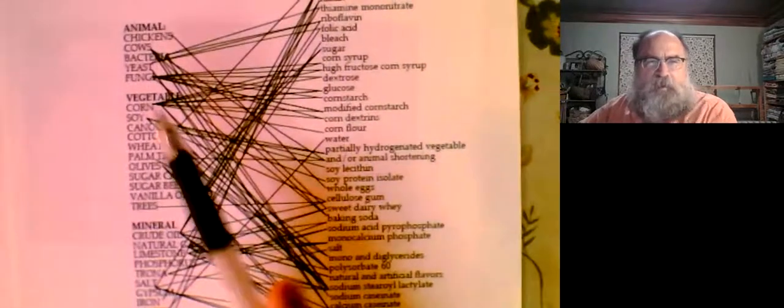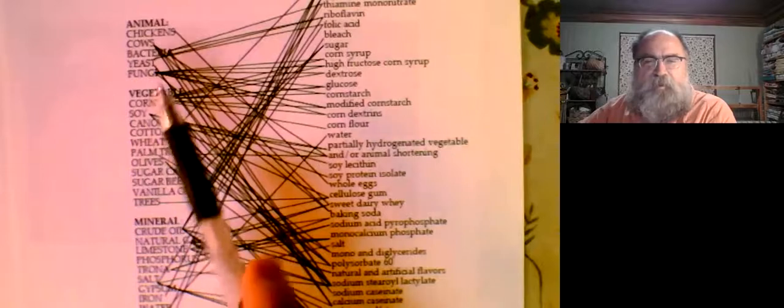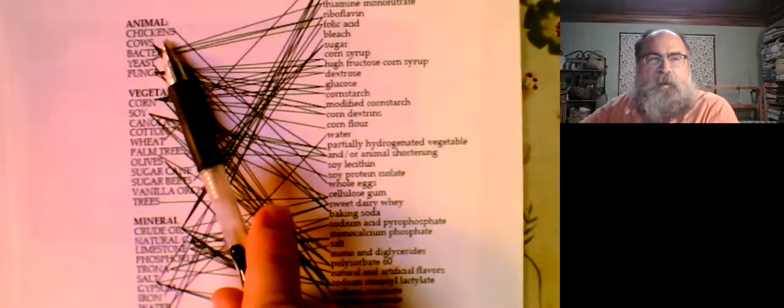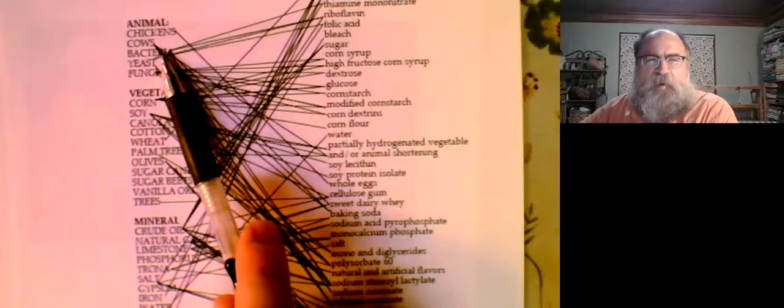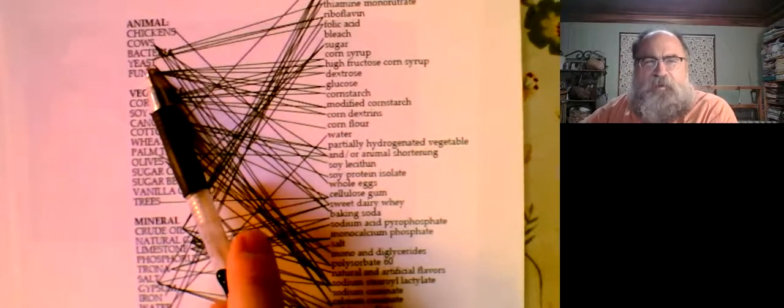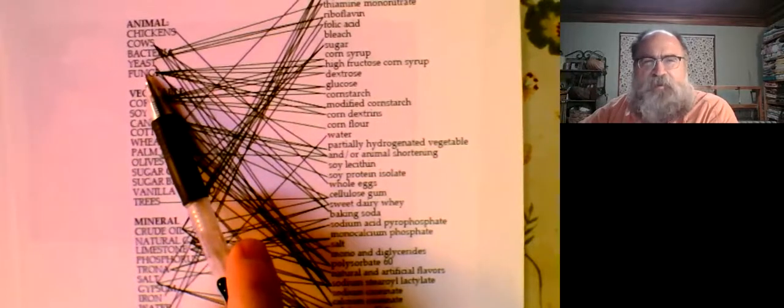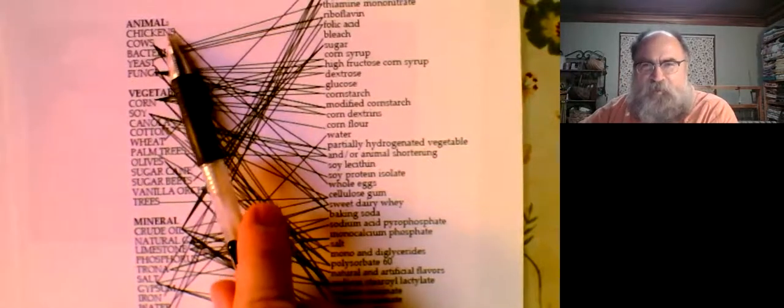And so we take a look and we see where do all these things come from? Oh, animals, chicken, cows. Oh, well, but bacteria, yeast, and fungi. These actually are three different kingdoms and are not the animal kingdom.